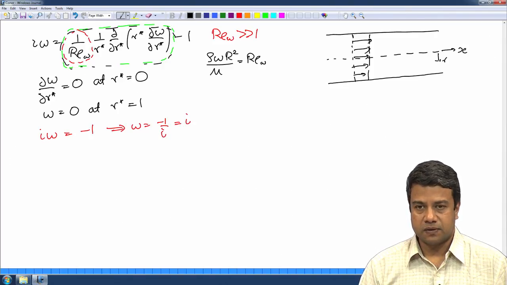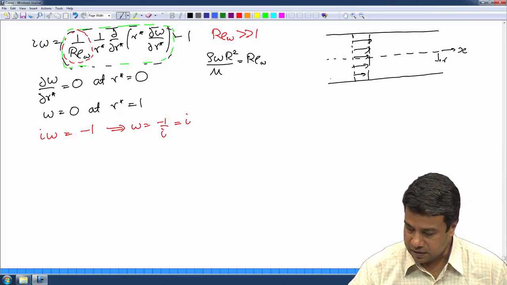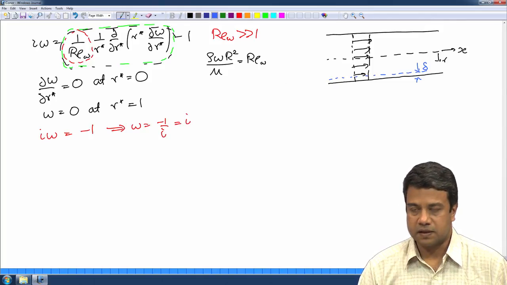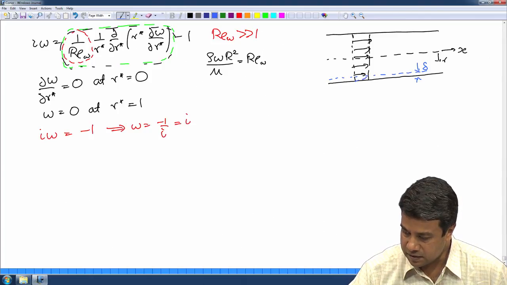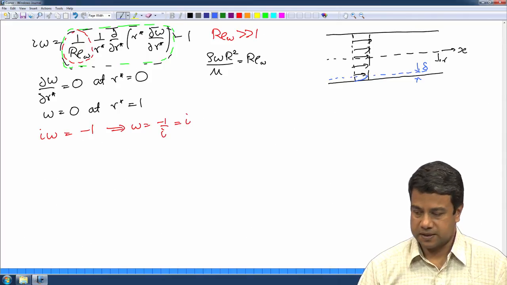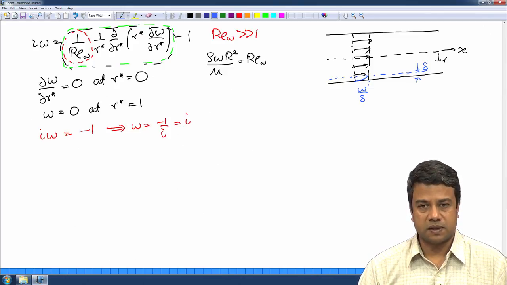However, as one goes close to the wall, if there is a region close to the wall whose thickness delta is much smaller than the pipe radius, and over this distance the velocity increases, that means that the velocity gradient in this region will go as w by delta.